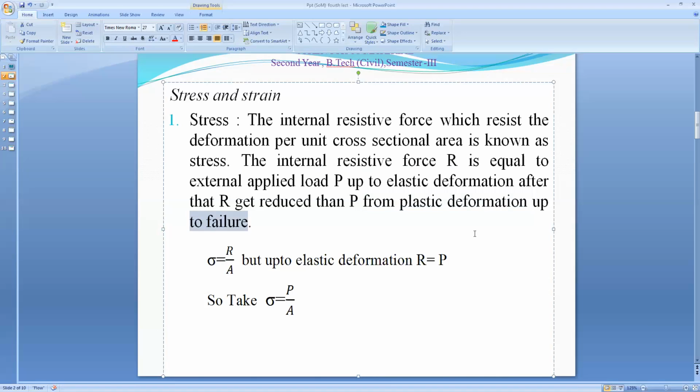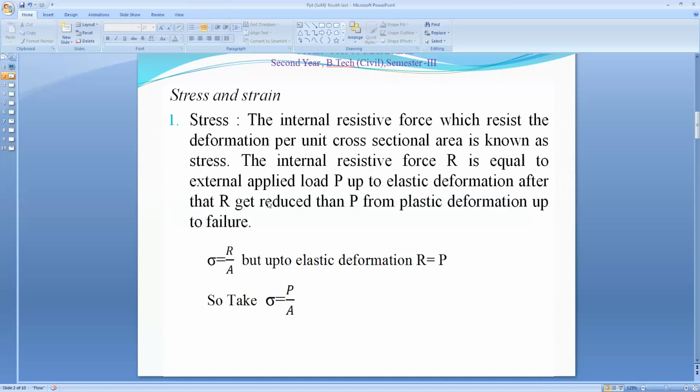If there is an occurrence of a crack in the subjected body, the body does not resist in a proper manner.